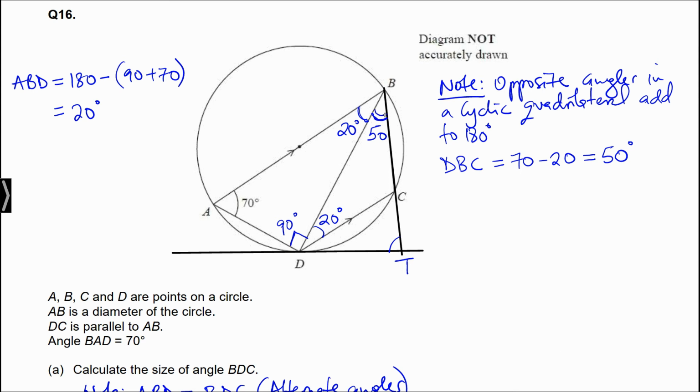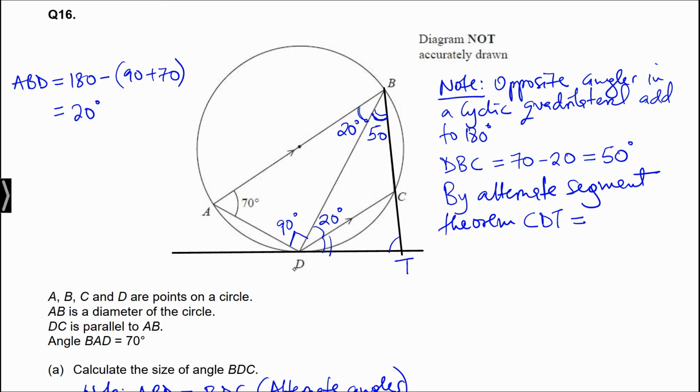If you focus on this angle here and this angle here, by the alternate segment theorem, angle CDT will be equal to angle DBC.